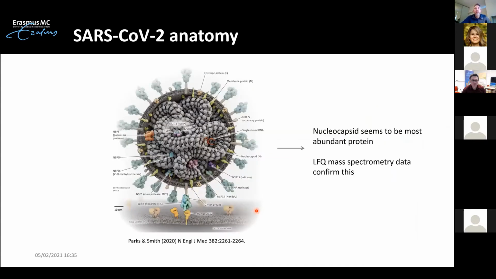This cartoon is perhaps more realistic in that it shows the protein abundance ratios better. Nucleocapsid is by far the most abundant protein in this virus particle. And we confirmed this ourselves using label-free quantitation, and I will come back to this later.